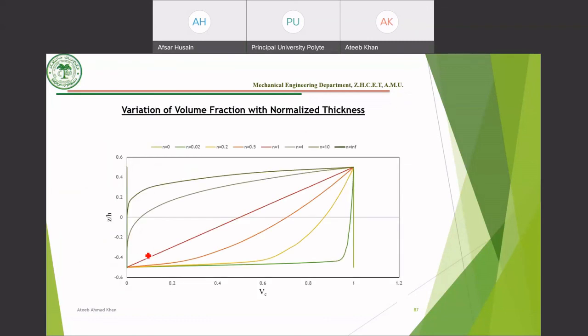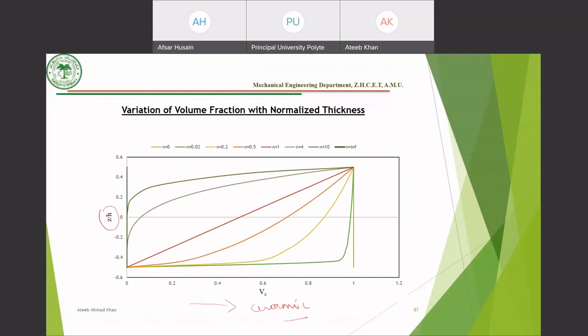Now, this graph over here basically shows you the variation of the volume fraction of the ceramic with normalized thickness.